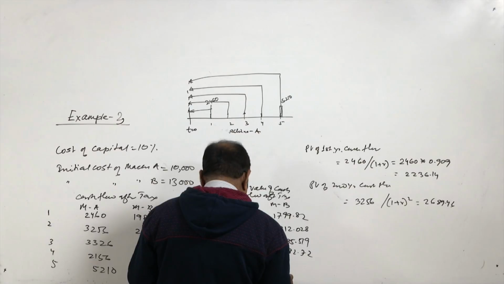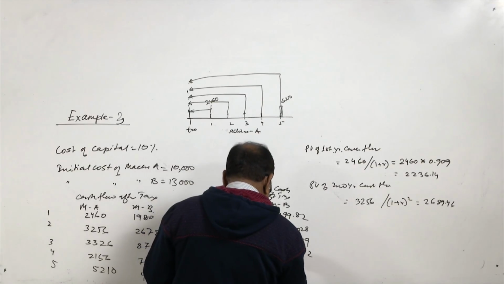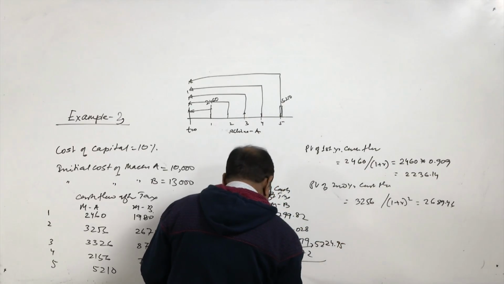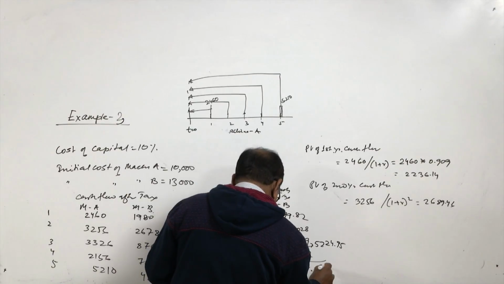I missed something, there is an entry here 5224.95, and if I take the sum, this is 18,505.037.